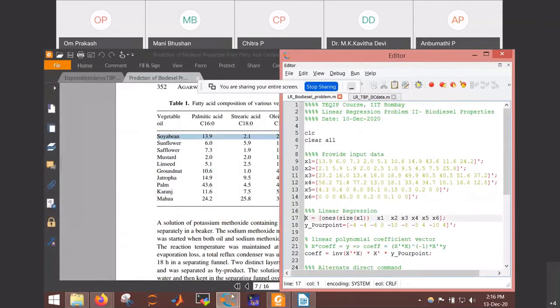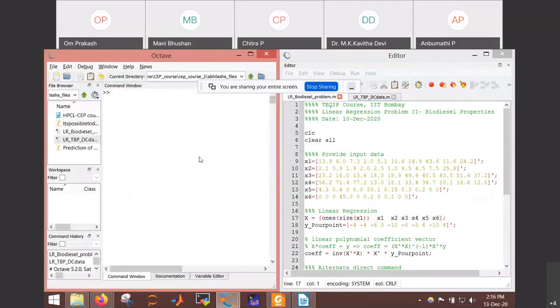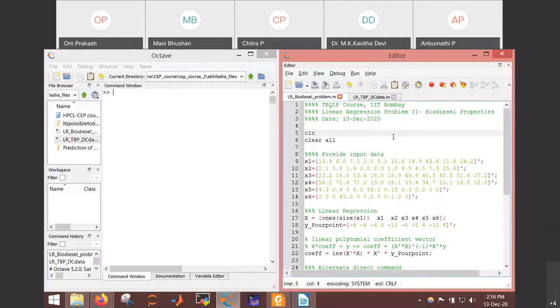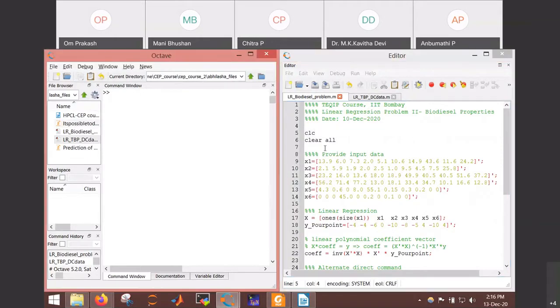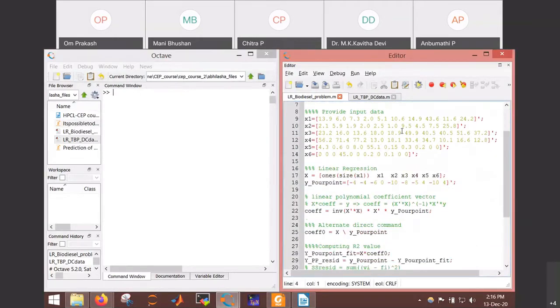So this is Octave. I hope you can see the Octave command window, and this is the editor. Here I have written these fatty acid compositions.